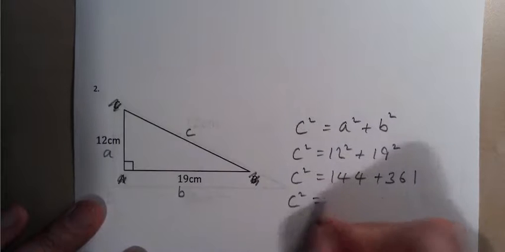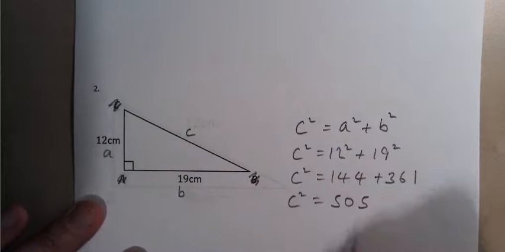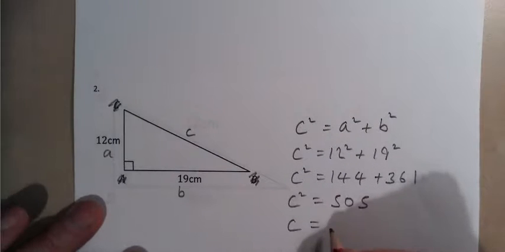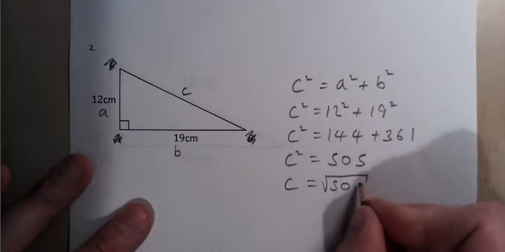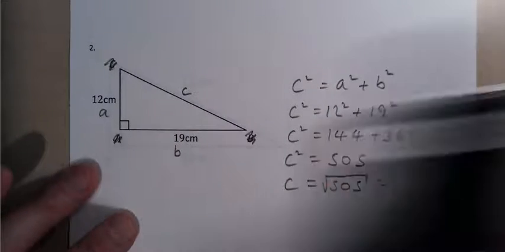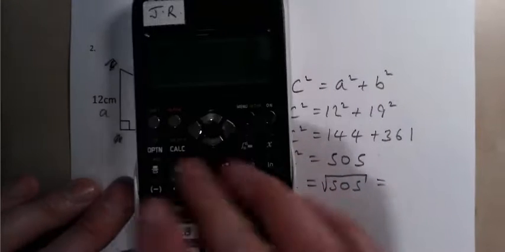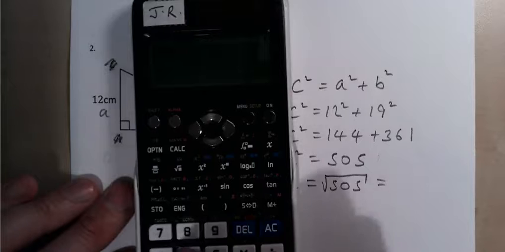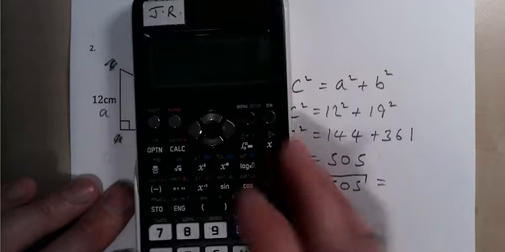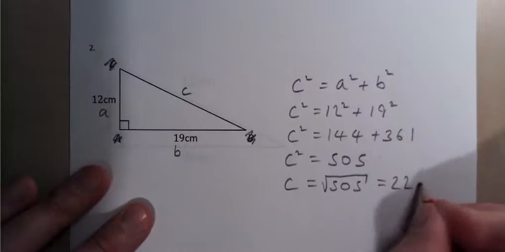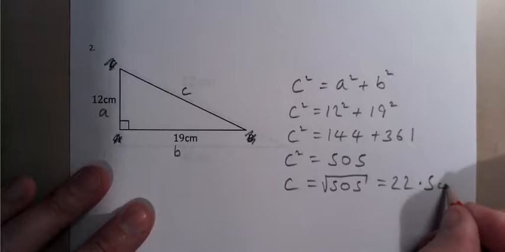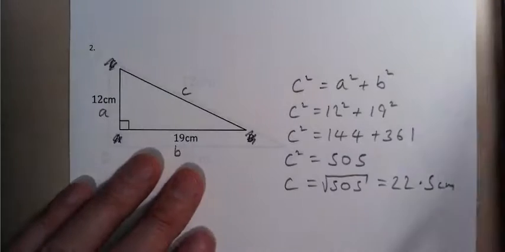C squared equals 505, and then C, you can see that okay, can't you, is going to be the square root of 505. So we want the square root of 505, and that gives us 22.5, to 3 significant figures. And we end up then with that.